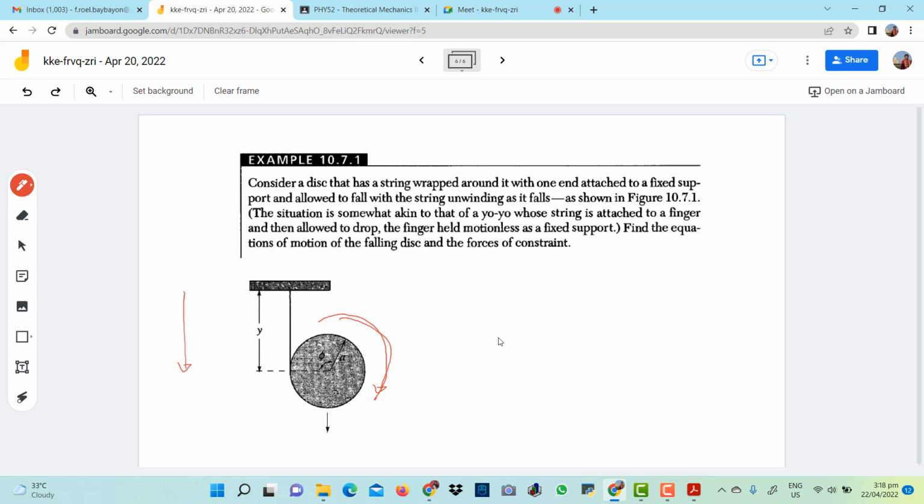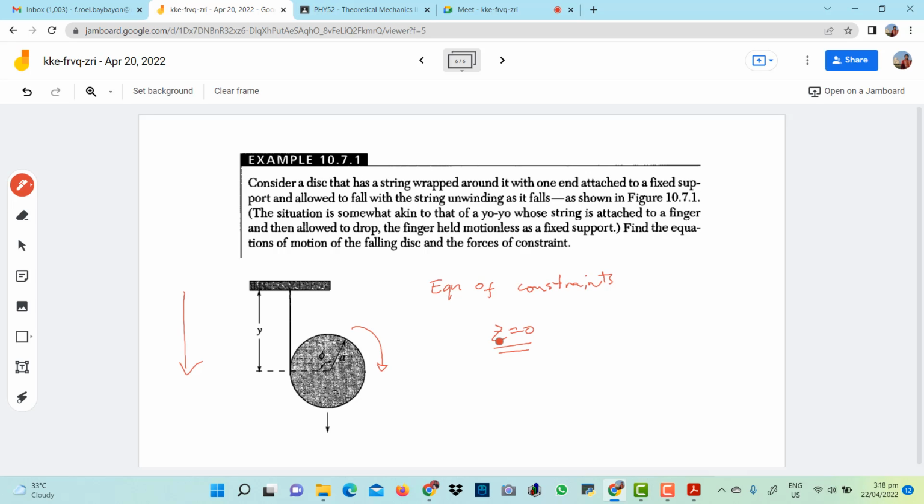As you can see here, the kinetic energy has two expressions. But first I will put the equation of constraint. Actually there are two, but I will only write one, because the other is z equals 0.